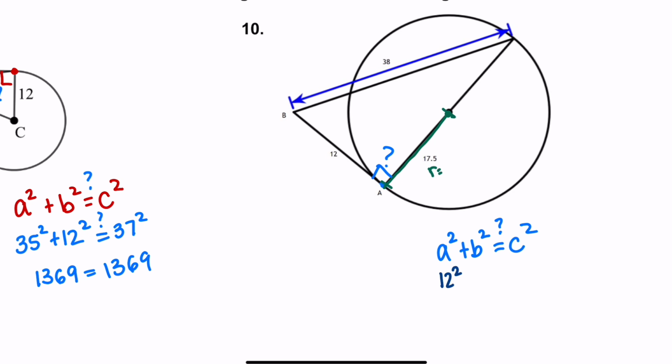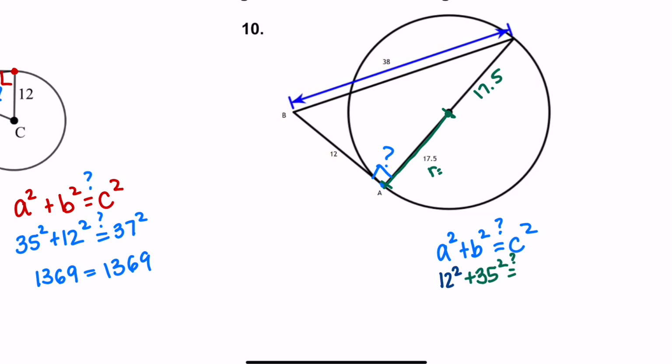The radius is 17.5. So if this radius is 17.5, the other half of the radius is also 17.5, and 17.5 times 2 is 35, or 17.5 plus 17.5.